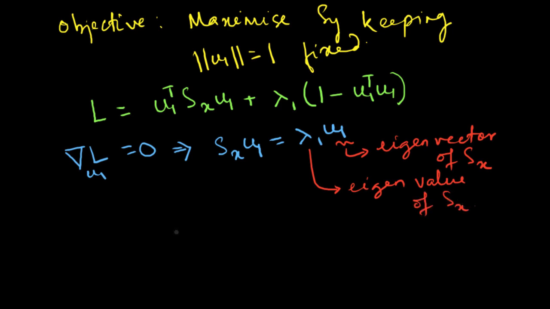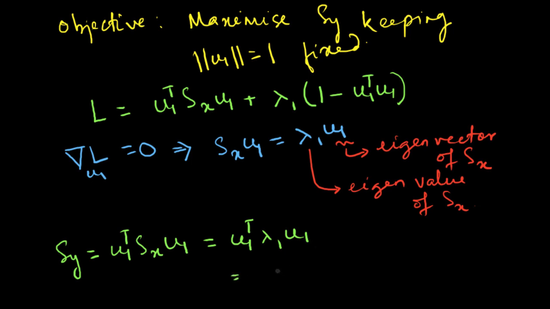And what is our variance in y? Sy was equal to u1 transpose Sx times u1. Now we have found that Sx times u1 is lambda 1 times u1, and because we have kept the magnitude of u1 equal to 1, this is equal to lambda 1. So if you choose a particular direction u1, the variance along that direction will be exactly equal to the eigenvalue of the corresponding eigenvector.